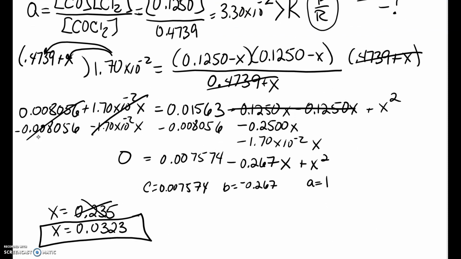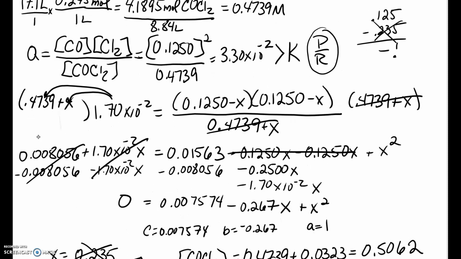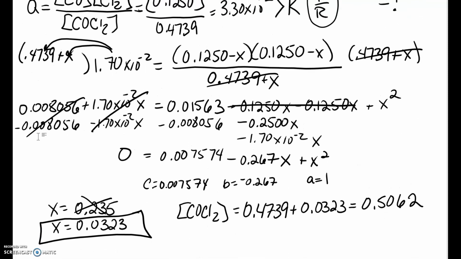That is x. So if we go back to our ICE table and put those values in for the equilibrium concentrations, we put that value 0.0323 where it says x. Where I got this, the 0.4739 was right up here. So I'm just putting them back into the equilibrium row, substituting the x with the 0.0323.